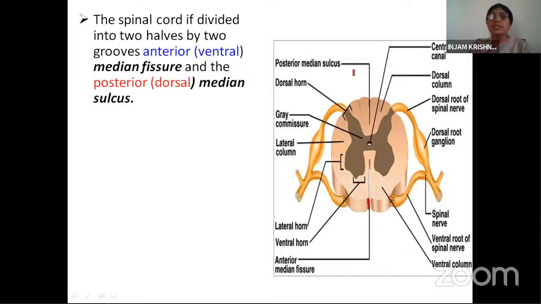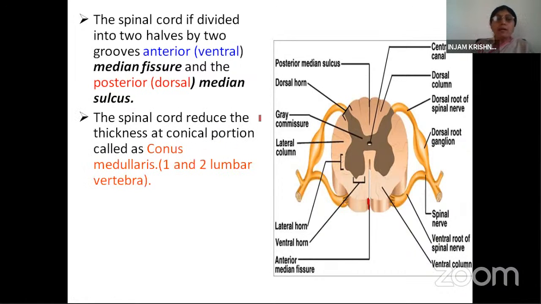And on this posterior side, dorsal side also, there is a sulcus. Why do we call it a sulcus and why do we call it a fissure? Fissure means a deep groove that completely divides it into two halves. Whereas the sulcus is also a division, but internal only, not the complete division. Okay, it is a sulcus.